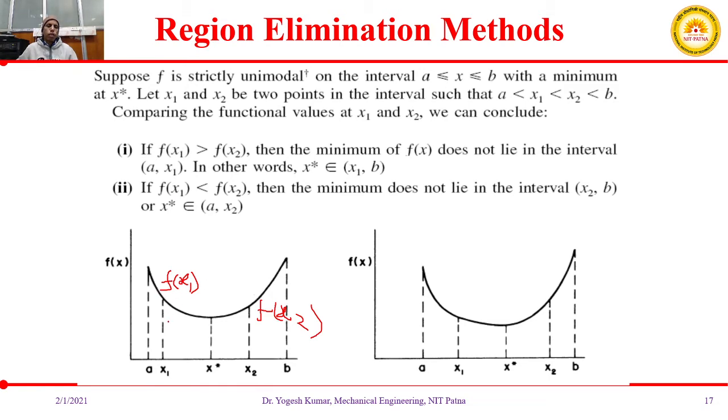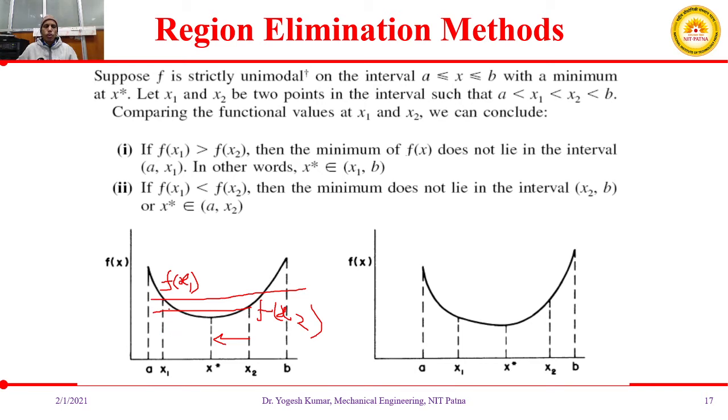Suppose f(x1) is greater than f(x2). What we can see is that the minimum of your f(x) will lie on the left side of your x2.